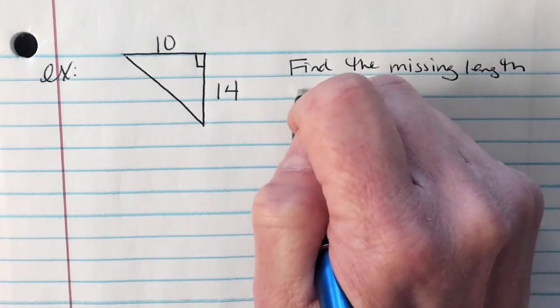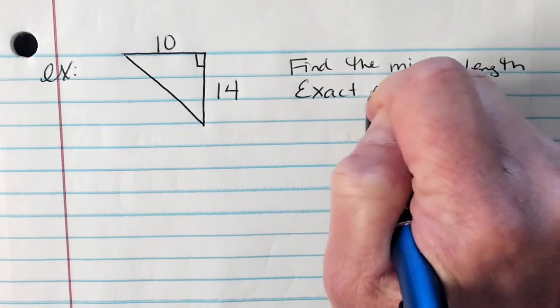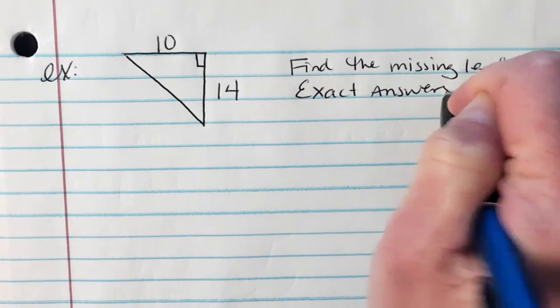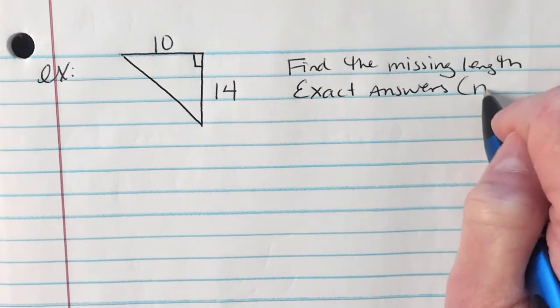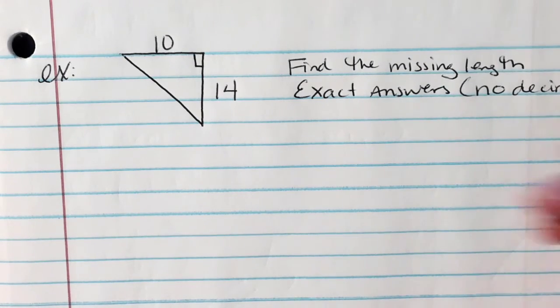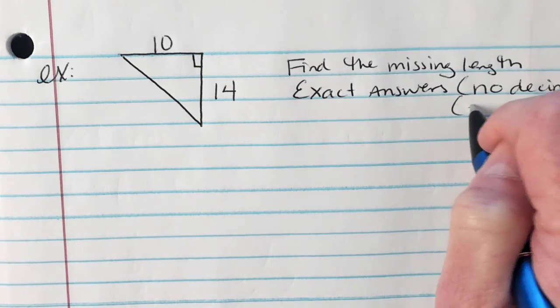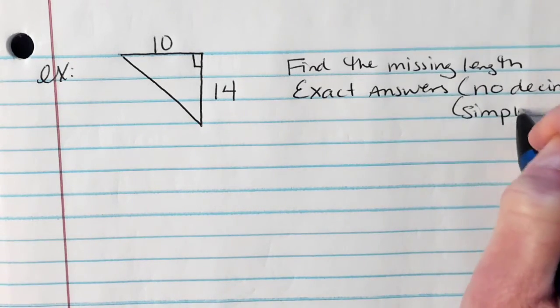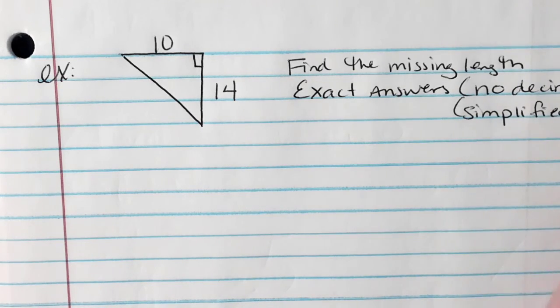I want exact answers. Now we need to know what that means. Exact answers means no decimals. Exact answers means simplified roots.